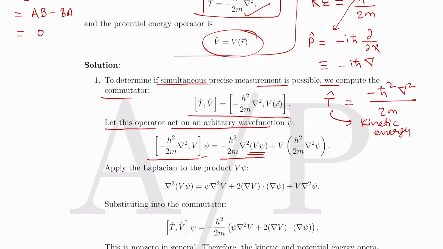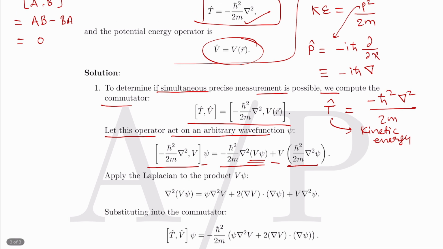And similarly here, the potential comes to the left, and at first it is being operated on by the kinetic energy operator. So you can notice that we are just using this formulation: we have two operators A and B, and it is AB minus BA. This is what we have done.